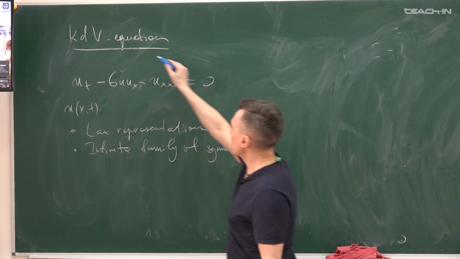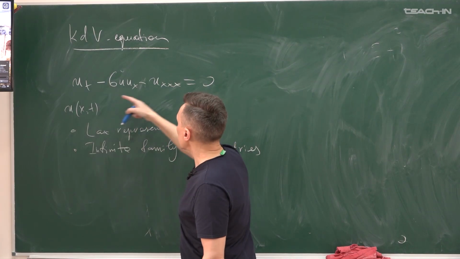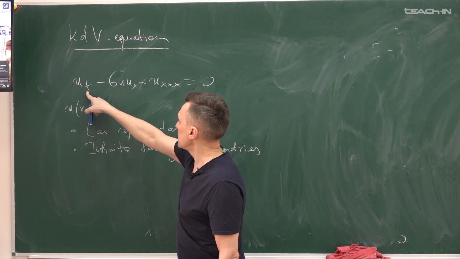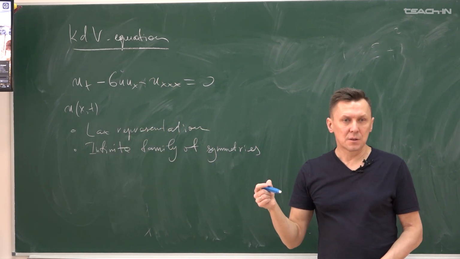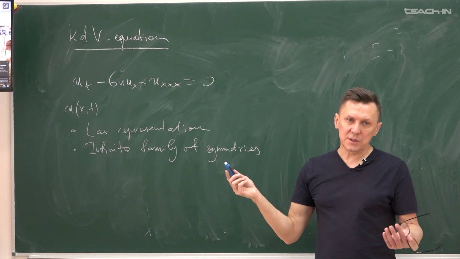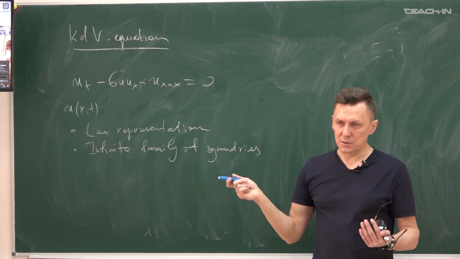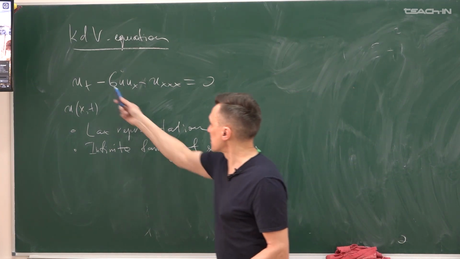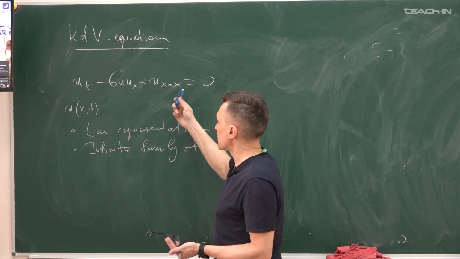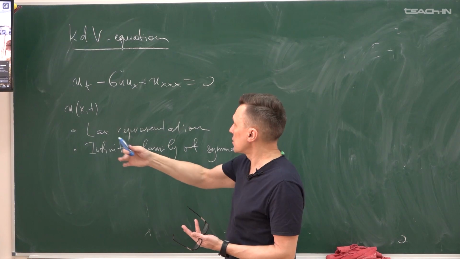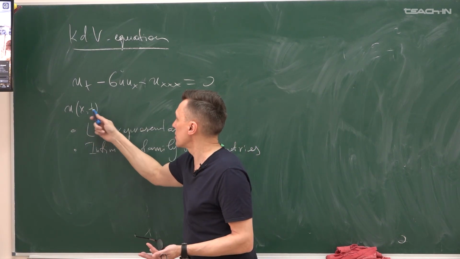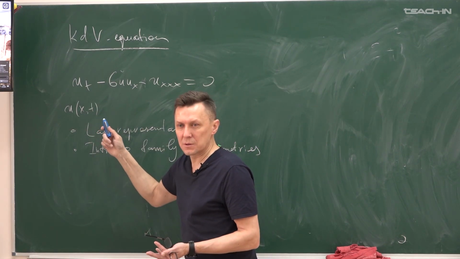So this equation we interpret as the dynamics in t on the space of functions of x. So the space now is an infinite dimensional space. And this is the dynamics of a function u depending on x, which changes, so which becomes a function of t. Okay?